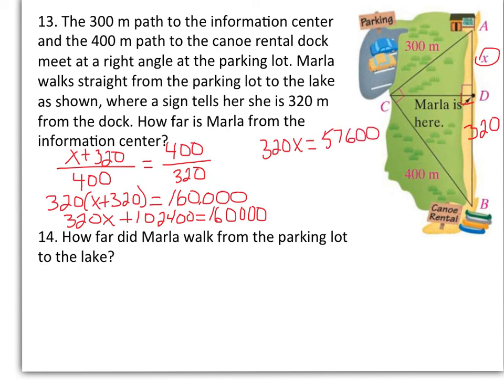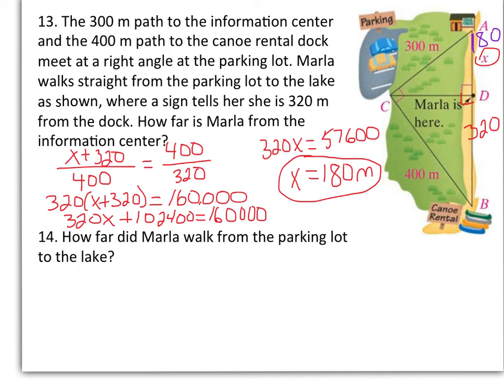And then divide and get that x is 180 meters. Okay. And then I'm going to fill that in our diagram because we might need that for number 14.